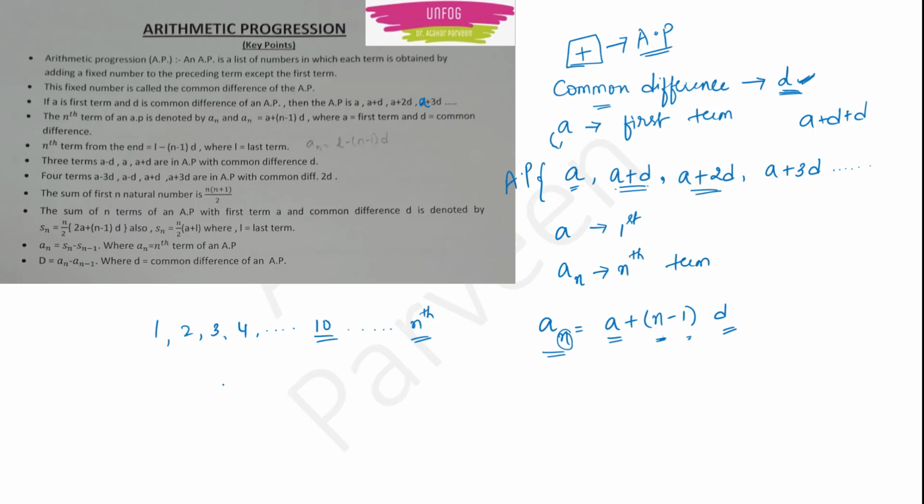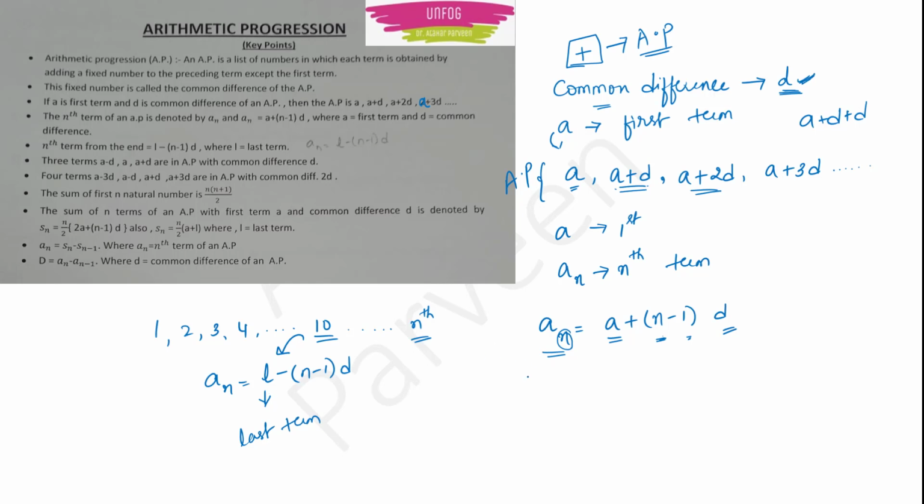At that time you can use this formula. Nth term an will be equal to L minus n minus 1 into D. This L will be your last term or end term. Here it will be 10. Okay, 10 will be L.